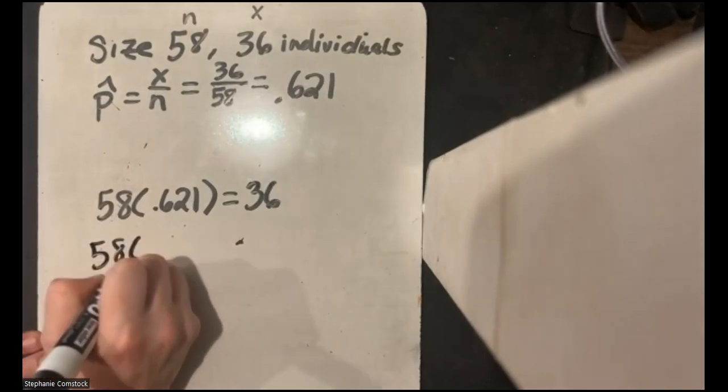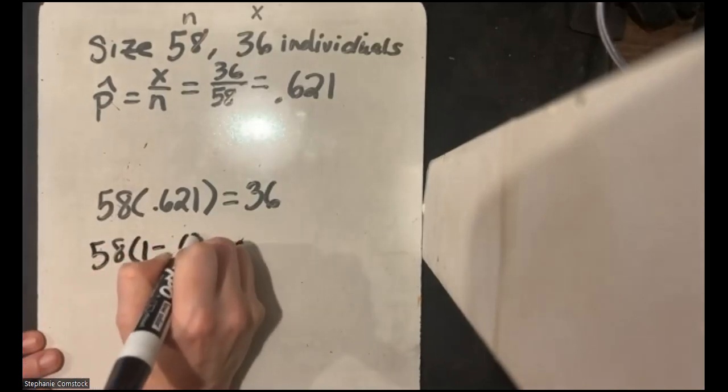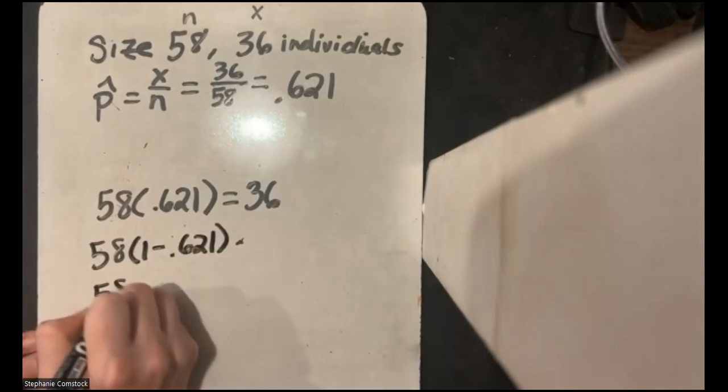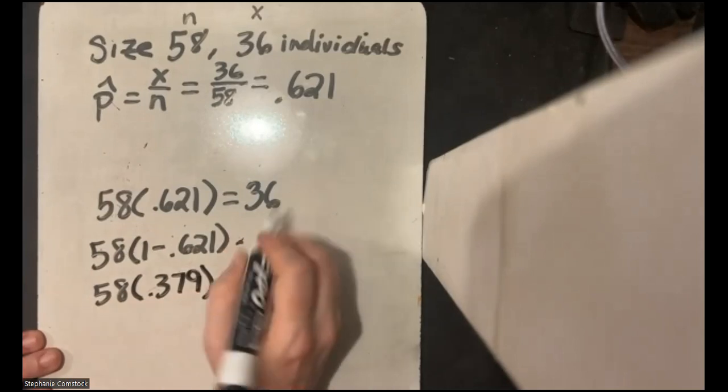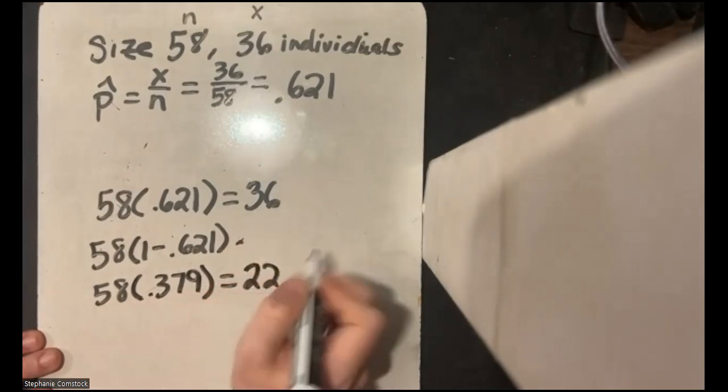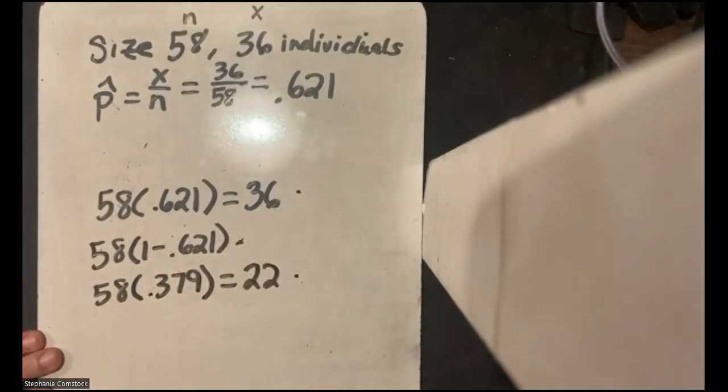And 58 times 1 minus 0.621, which is 58 times 0.379, comes out to be about 22. Since both of these are greater than 10, yes, we have met the qualifications to be able to do a hypothesis test.